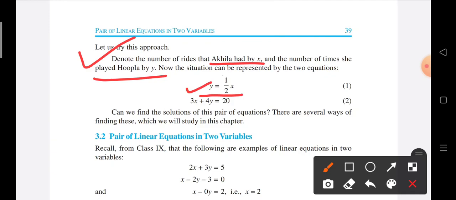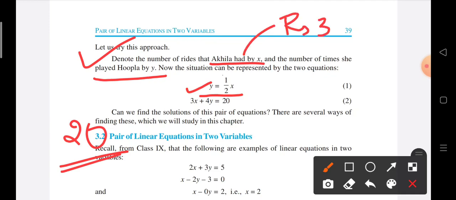The second case is that she spent 20 rupees in total. We know that a ride on the giant wheel is 3 rupees each, and a hopla game is 4 rupees each.